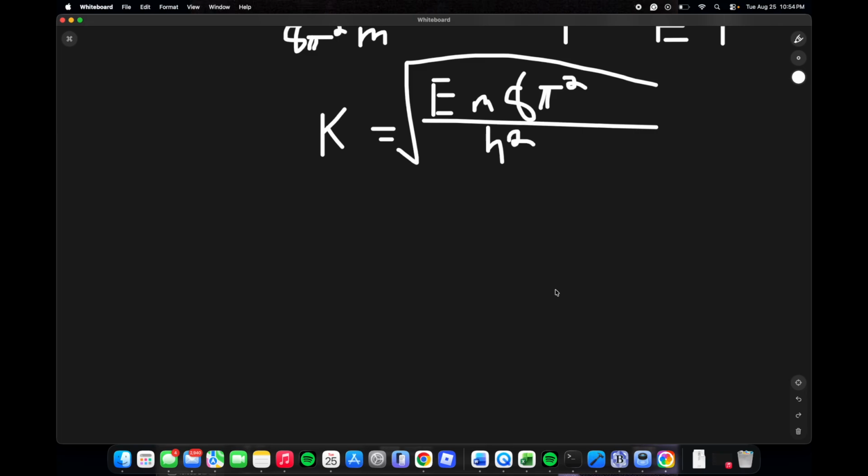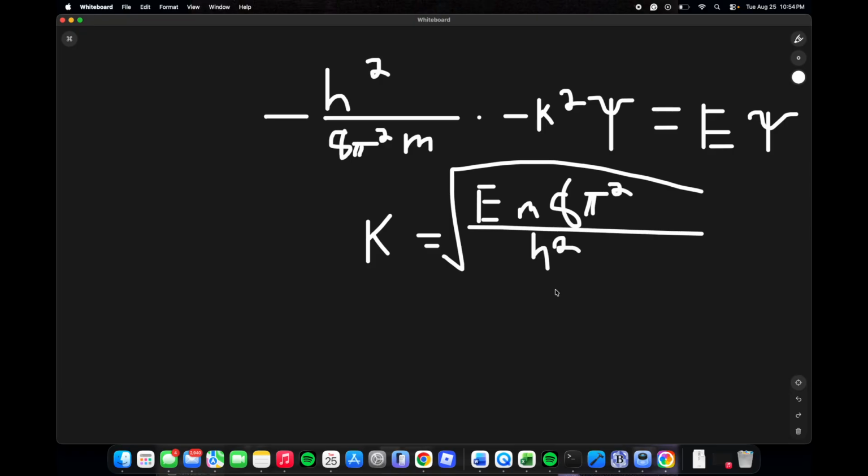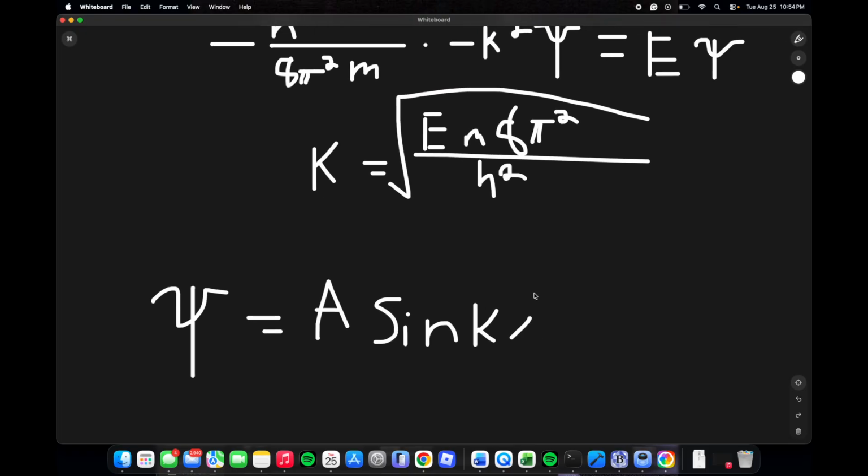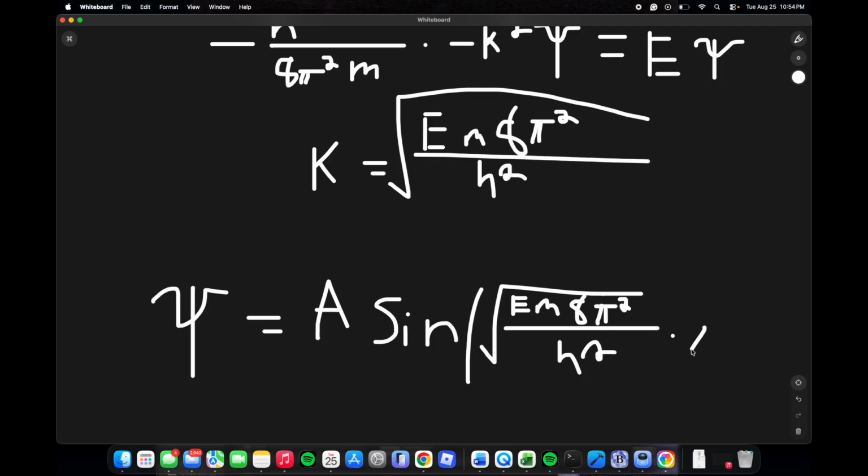If you want to find E, what you can do is you can say, if a general solution to the wave function is A sine kx, well, simply replace k with the square root of this guy over h squared times x, and we evaluate whatever that sine is.